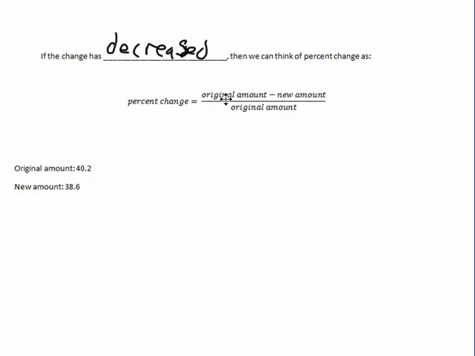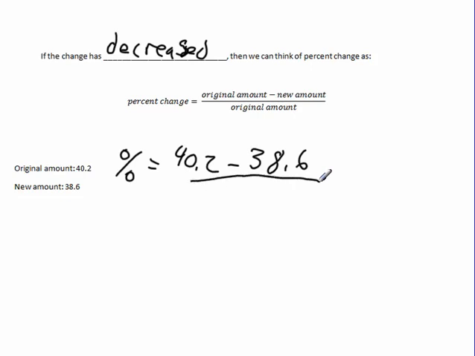So we want to put the original amount first in our numerator, because we got smaller, right? From 40 to 38 we get smaller. So I'm going to write this as 40.2 minus 38.6 all over, and again our original amount was 40.2.